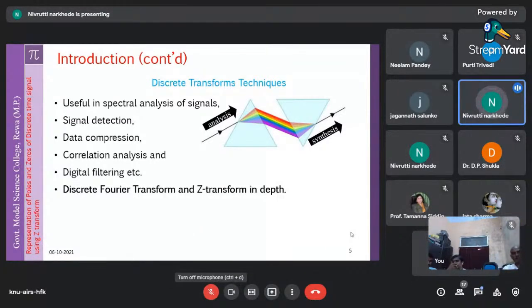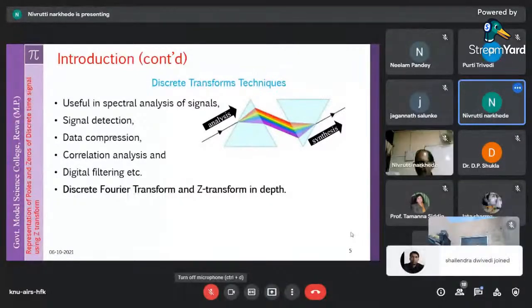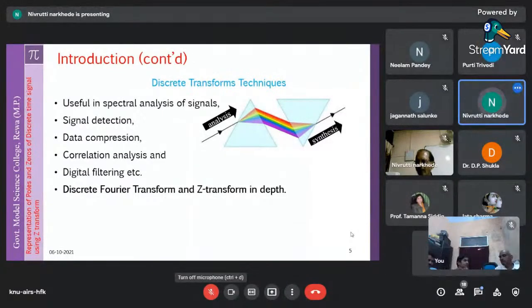So here the first prism is nothing but the transform. The second prism plays the role of the inverse transform, and in between some process is to be done. The initial signal is operated on in between.